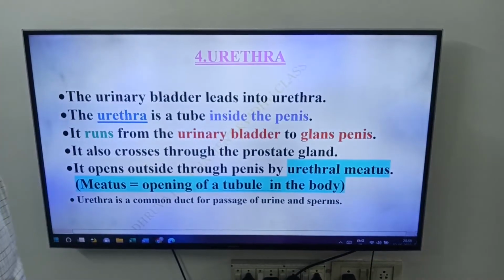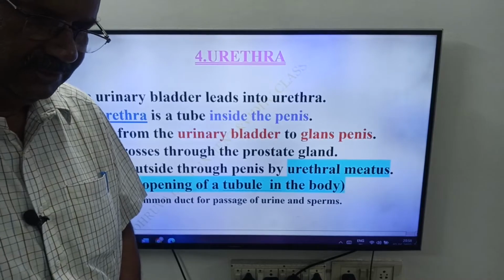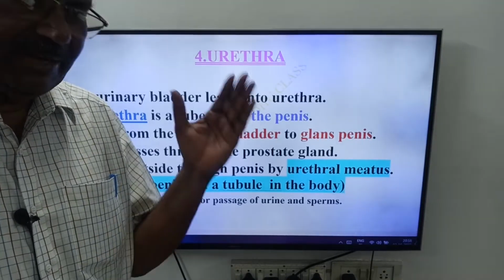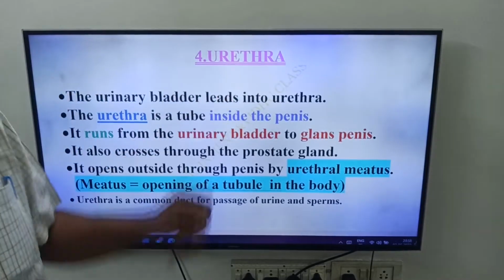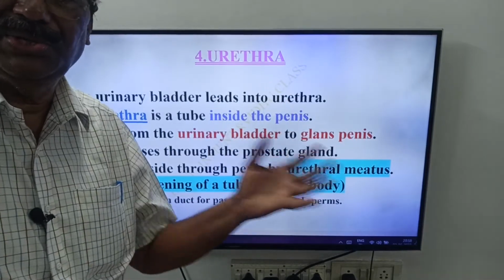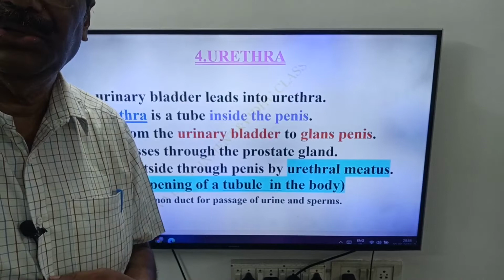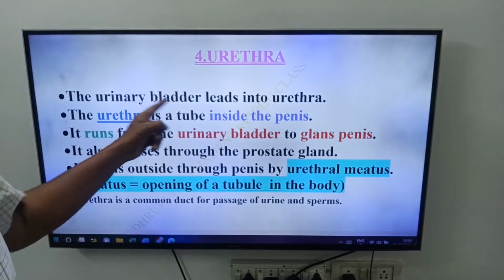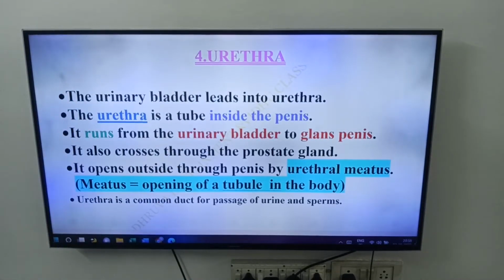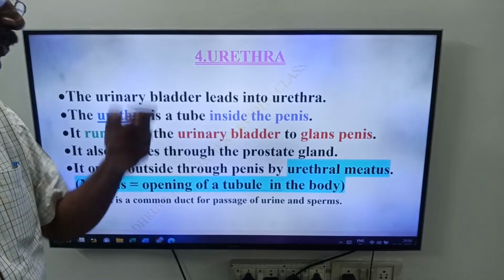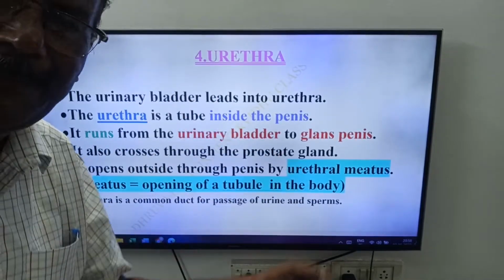Next one, friends, urethra. The urinary bladder leads into the urethra. You know, friends, the urinary bladder stores the urine. This urine goes out through a tubular structure, that is called the urethra. The urethra is a tube, and it is present inside the penis.